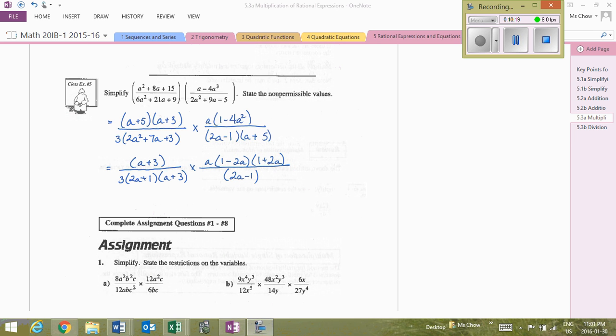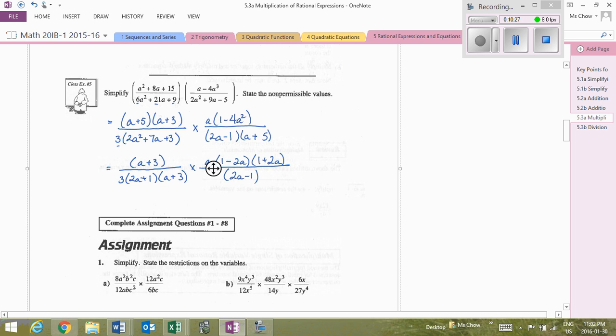Okay, so taking a look here, in the denominator here, I factored out a common factor of 3, and that 3's got to stay there as well, because that's what it equals. These are expressions, they're not equations. It's not set to 0. I can't divide it out, so that 3's got to stay. Same thing in this numerator here, I factored out a common factor of a.